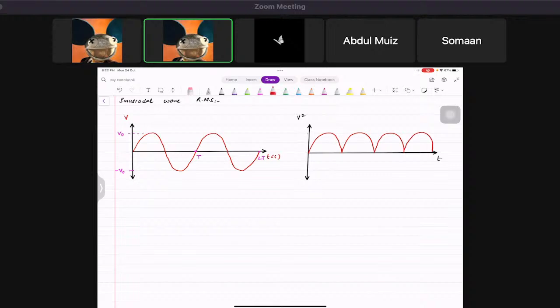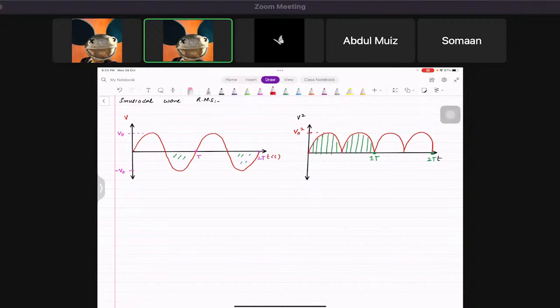Now this is V naught square, and this whole portion and the next one represents one time period, and the second time period would be this. This portion and this portion have flipped up with the square values, because square of a negative value becomes a positive value in any case.